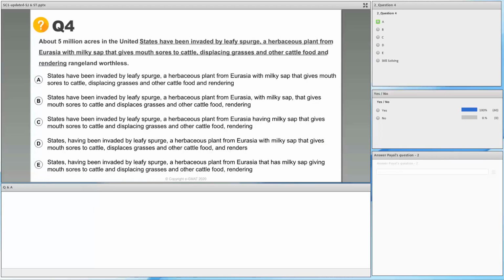All right, closing the poll here. Okay, 3 people I still see still solving. You just want to mark any answer choice and move on with this. If not, then let me end the poll here.